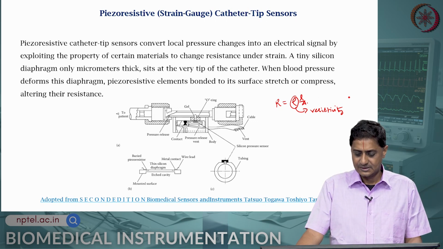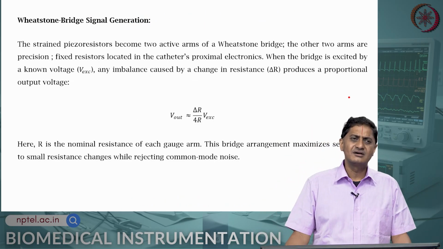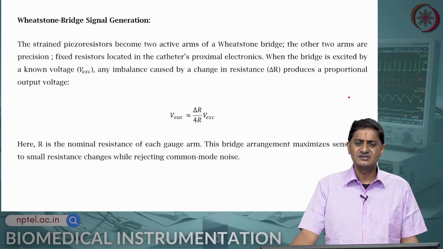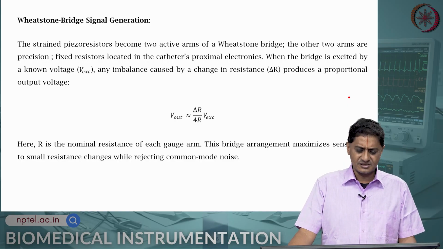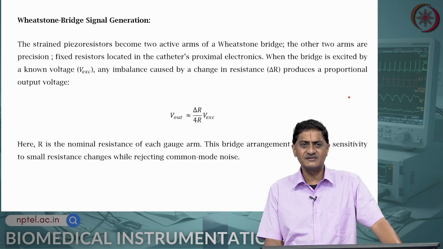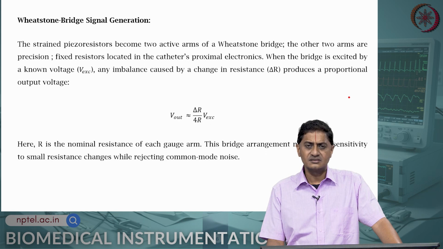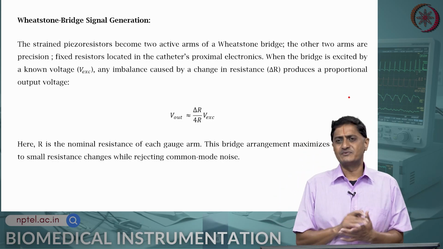Now, we know from our previous discussion of the Wheatstone bridge and strain gauges that these strained piezoresistors essentially act as two arms of a Wheatstone bridge. The other two arms are used as precision fixed resistors located in the catheter's electronics, with previously fixed values.